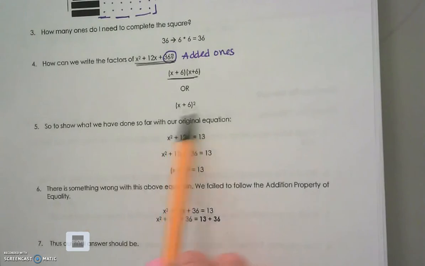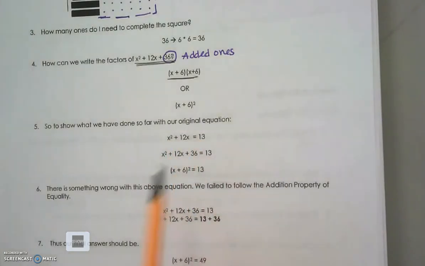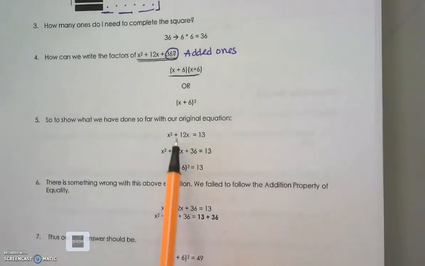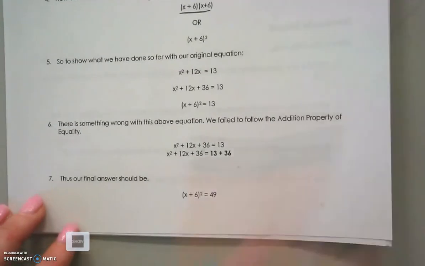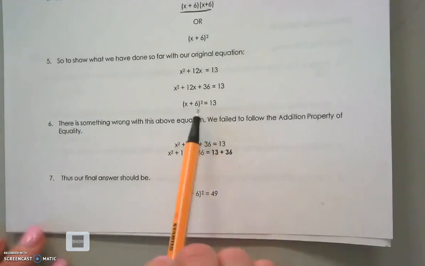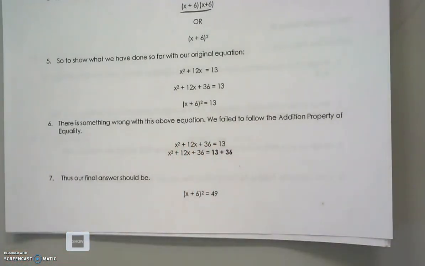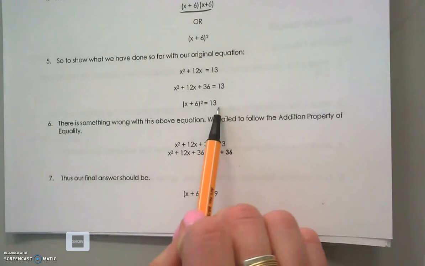Well, if we write x plus 6 squared, we can rewrite our original equation. We can rewrite it as x plus 6 squared is equal to 13 plus 36.